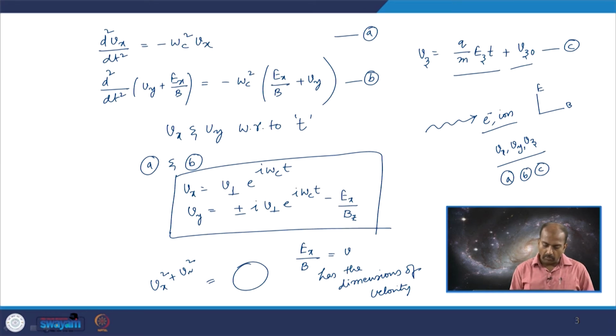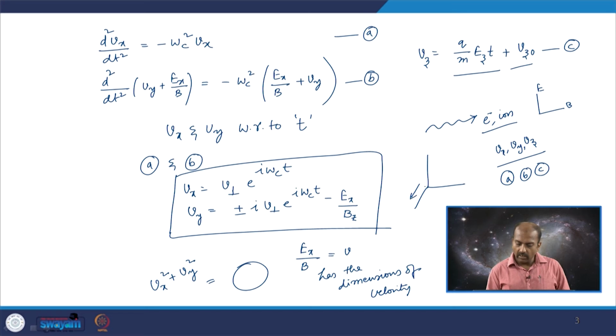Now, the most important point we have to understand here is that, in this frame of reference, the particle has a linearly changing velocity component Vz with respect to time along the z axis. You agree, this is linear.